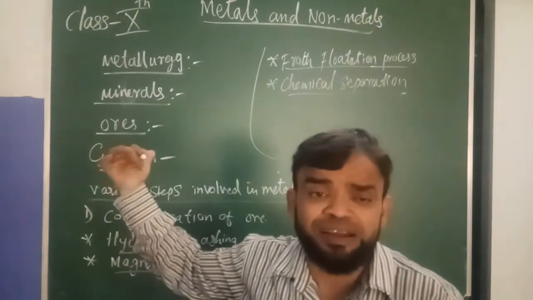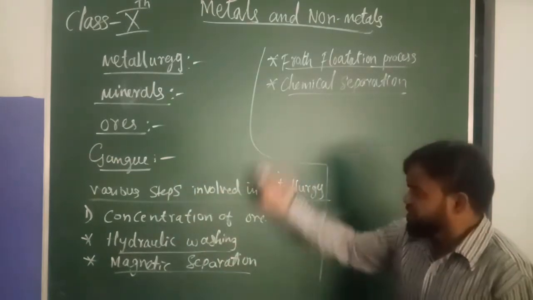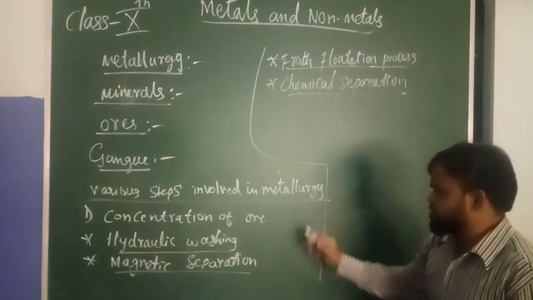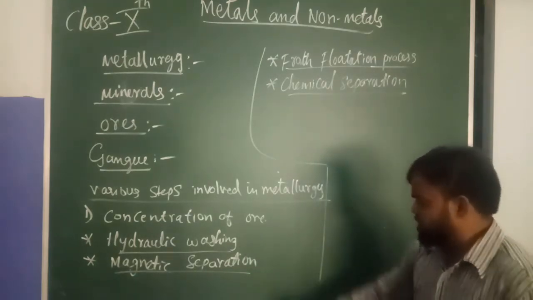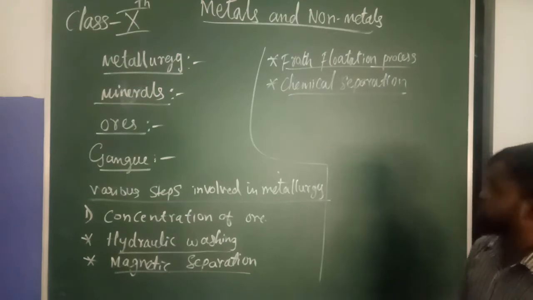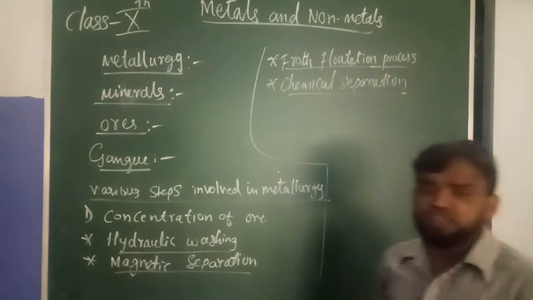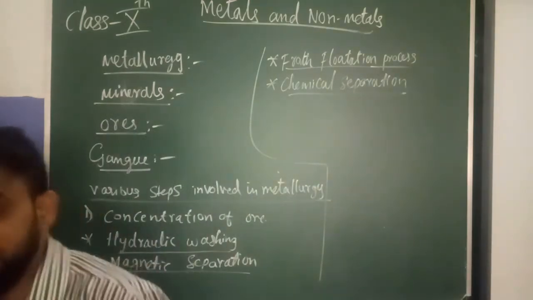Here, metal is separated by this process. There are many processes for concentration: hydraulic washing, magnetic separation, flotation process, and chemical separation. These are the separations we take for obtaining metals.